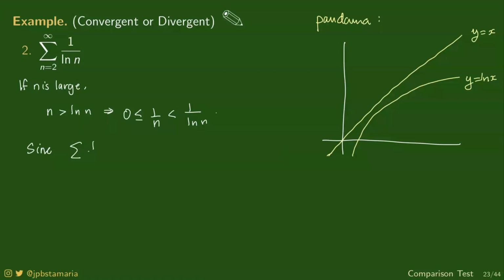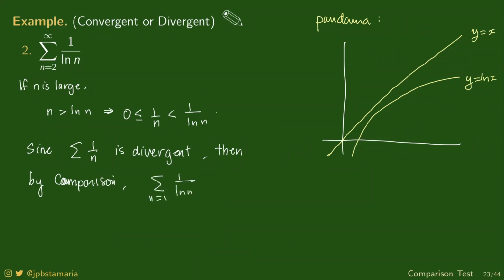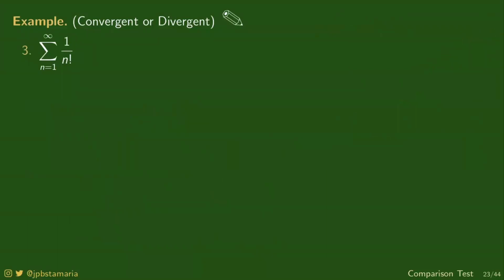Since this is divergent, then magka-follow by comparison, sum ng mga 1 over ln of n must also diverge. Okay? May s kasi singular yung sum. So divergent yung number 2.